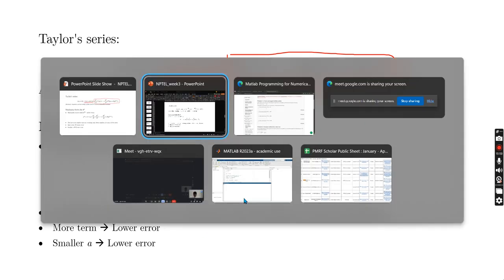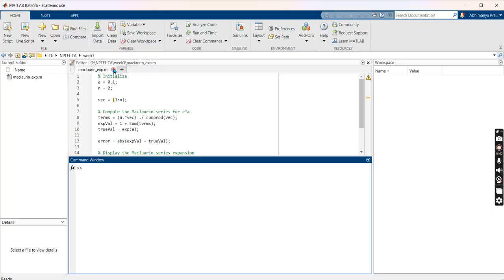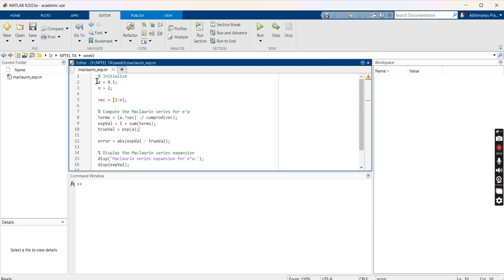If I go to MATLAB, this is my code for a single Maclaurin series for a single value of a, and I am taking two number of terms. So I am first calculating the summation part, like 1 plus a to the square upon 2 factorial plus a cube upon 3 factorial.